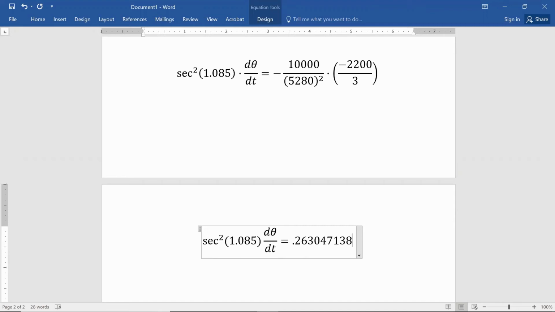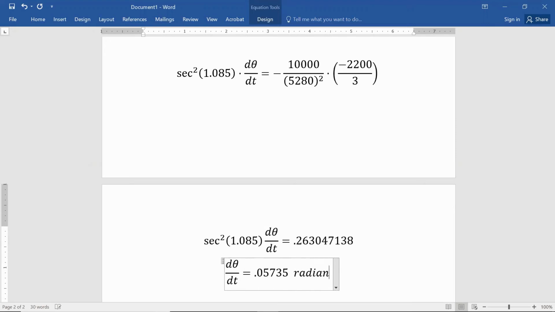If you recall, secant is 1 over cosine. So you could also multiply this number times cosine squared of 1.085. And what I ended up with was that the change in theta with respect to time was about 0.05735.